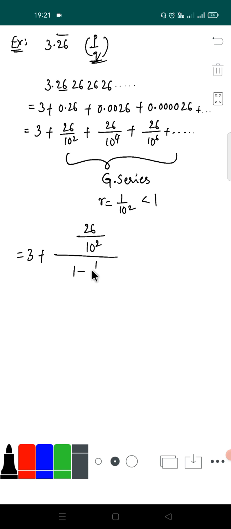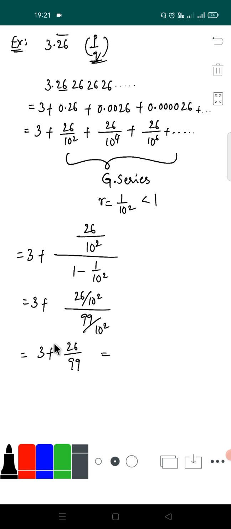A by 1 minus r is 26 by 10 square divided by 1 minus 1 by 10 square, so this is 3 plus 26 by 10 square, and now it is 10 square minus 1, that is 100 minus 1, 99 by 10 square, so this is 3 plus 26 by 99, so it is 297 plus 26, 323, that becomes 323 by 99.